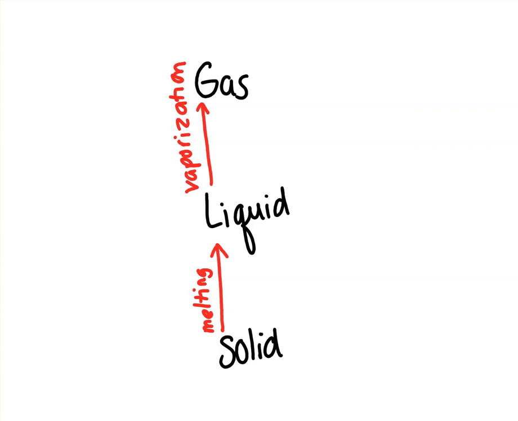Evaporation and boiling are forms of vaporization, so it could be boiling. And then we also have the possibility of going directly from a solid to a gas, and that is sublimation.